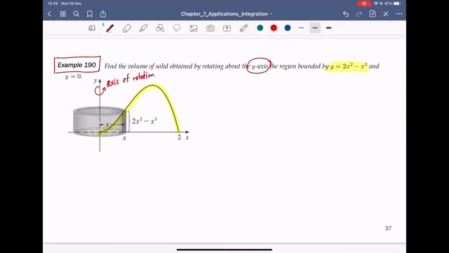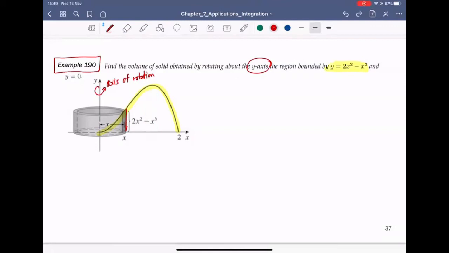You can see that the easy way to do the volume of the solid obtained by rotating about the y-axis is to cut the vertical line. Why?